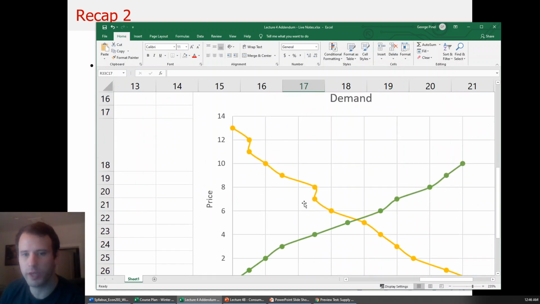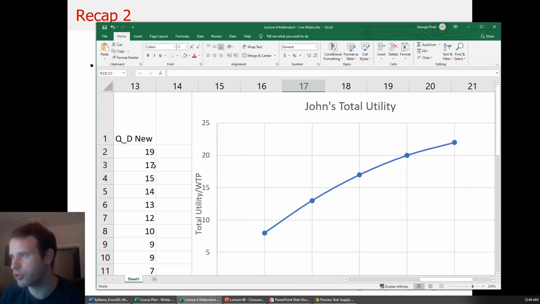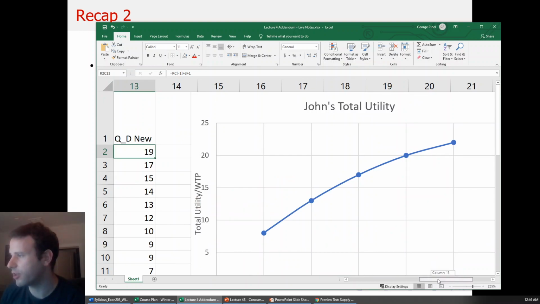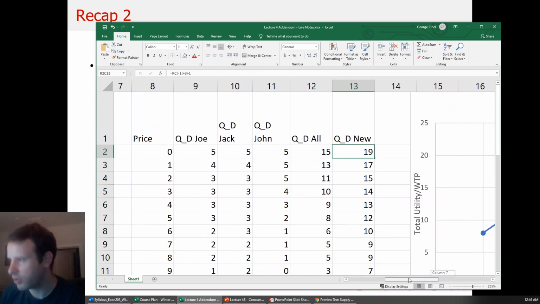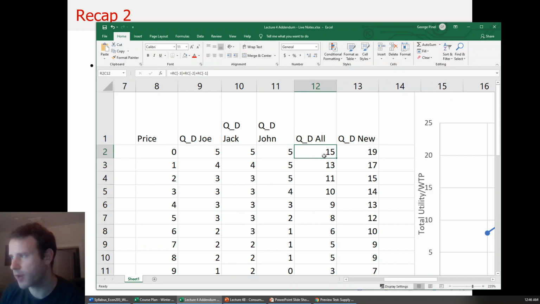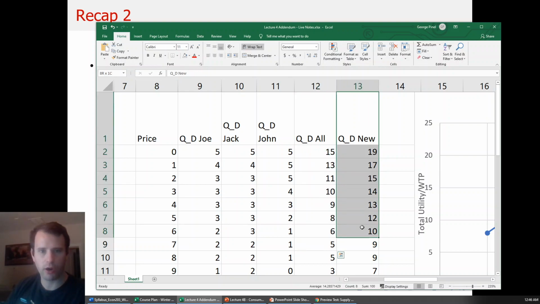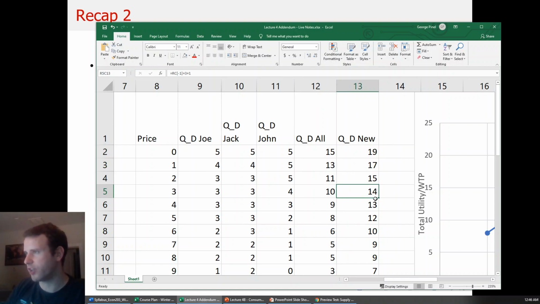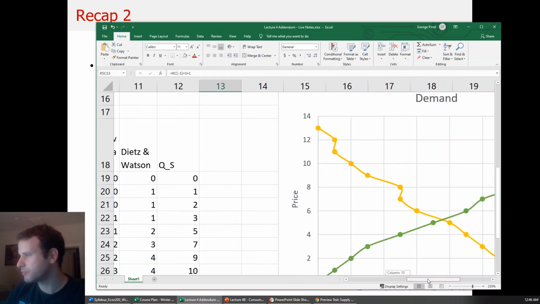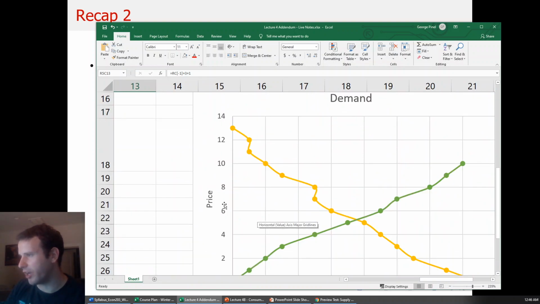So what happens when we have a demand shift? I showed you this last week. This was a demand shift by 4. So for every price, quantity demanded is now increased by 4. You can see that from here versus here. I just added 4. You can see it even in the formula itself. So what does that look like?